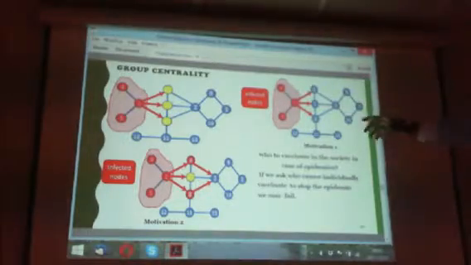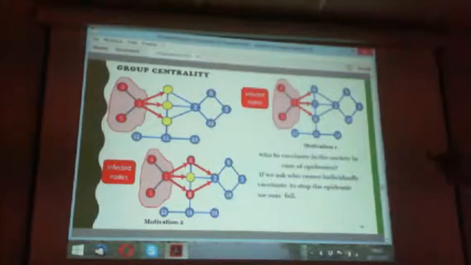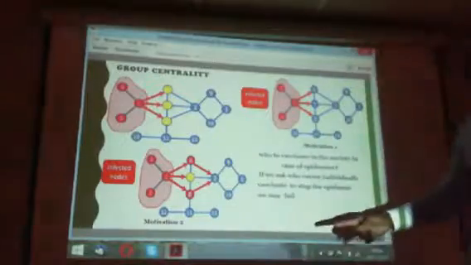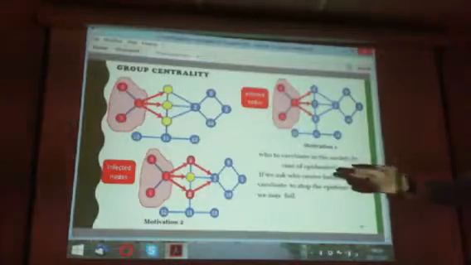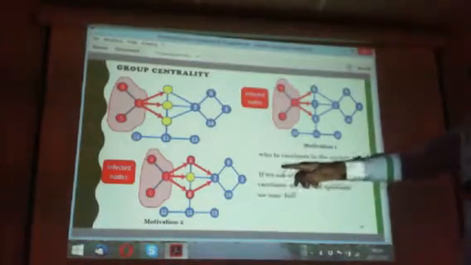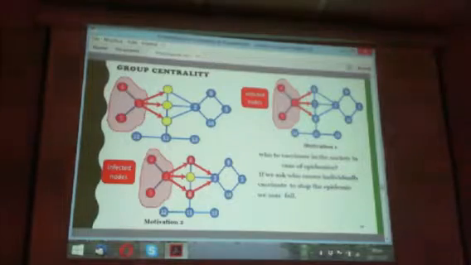In this society, this group is infected, and we are asking which nodes are important, which we can maybe vaccinate to stop the epidemic. If we evaluate nodes based on a single node like we saw before, maybe vaccinating only one node among these three, we are not sure that we will stop the epidemic.